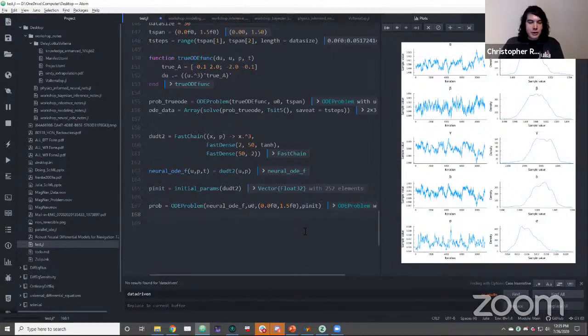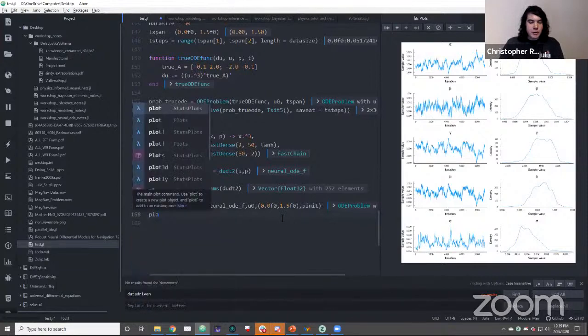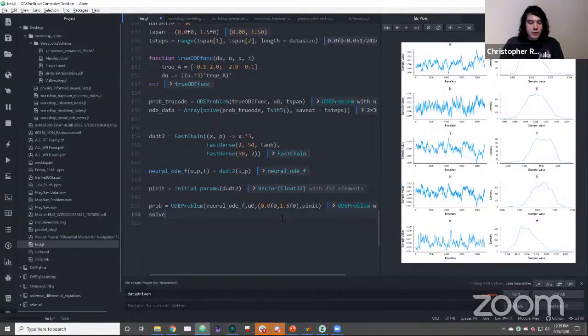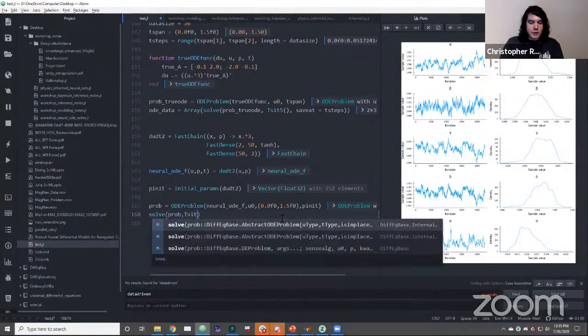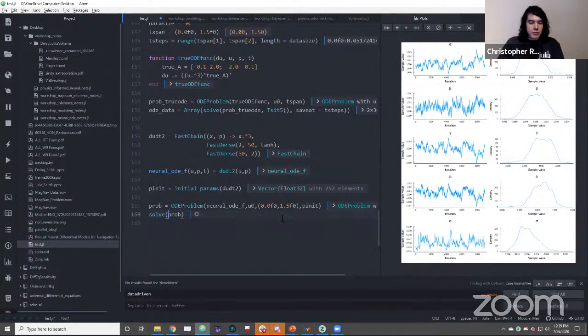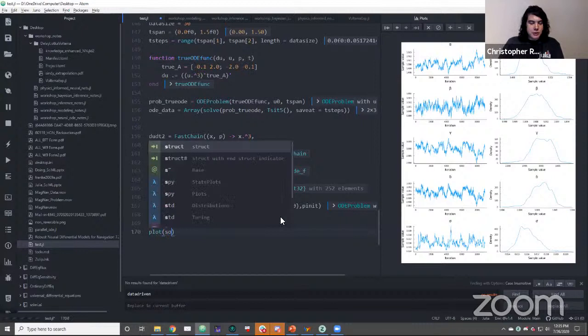And I can then look at, for example, solving my problem with something like Tsit5, or actually let's just do this with the automated choice. Let's plot the solution.